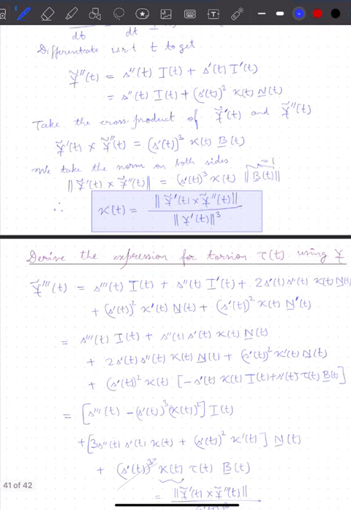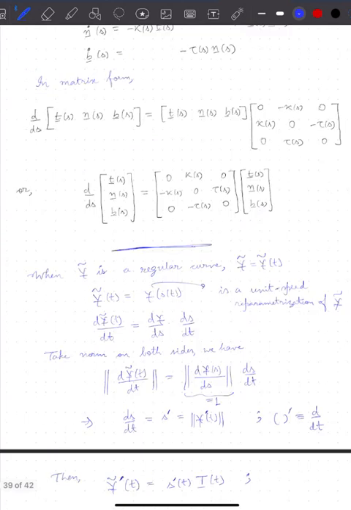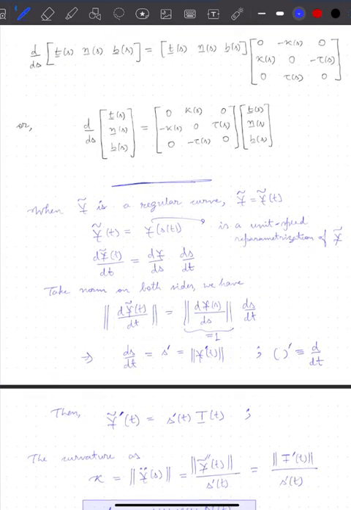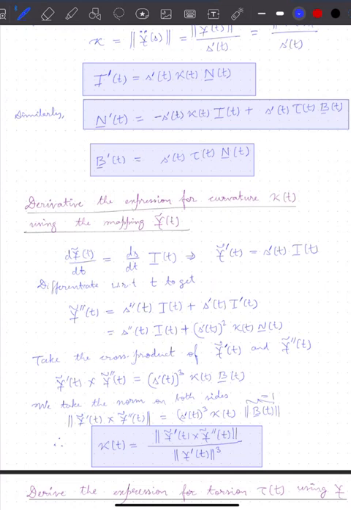It has been quite heavy work. So in the next session we will be continuing our discussion on curvature, and we had already discussed the Frenet frame. So this T, N, B forms what we call the Frenet frame, and we'll put it in better words in the next session.